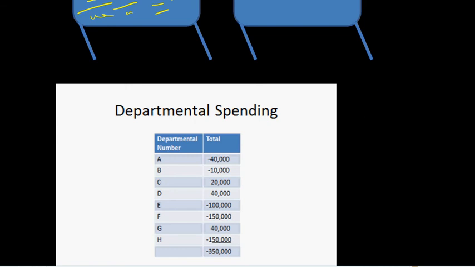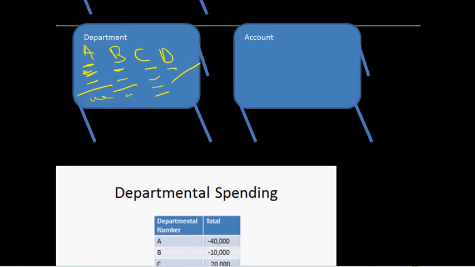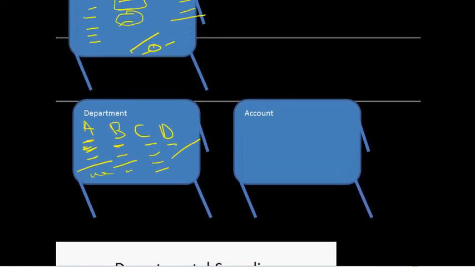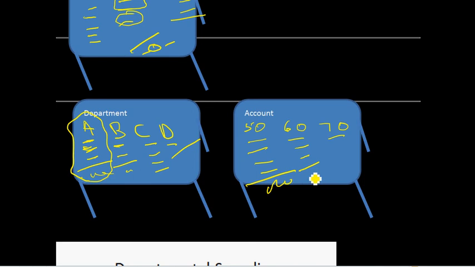Now we go back to our tables. Okay, and we've got them all sorted over onto the department table. Now we'll pick up Department A and come over here, and we have account 50, account 60, and account 70, all of our income statement accounts, and we sort Department A into what accounts were produced, and we'd add those up.